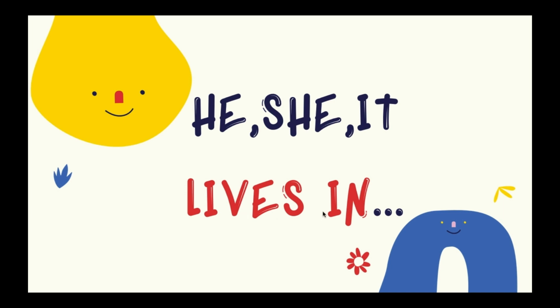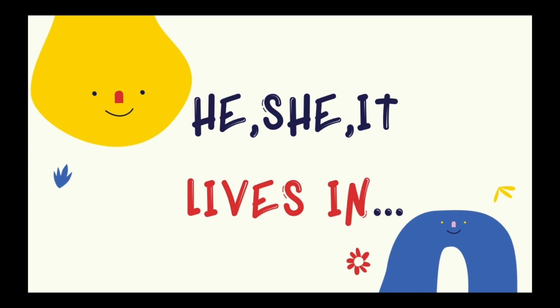Or he lives in a condo, or he lives in a big mansion. He lives in a big house. She lives in a house. It lives in a house. So don't forget, for the subject he, she, it, we add S to the verb live, right?